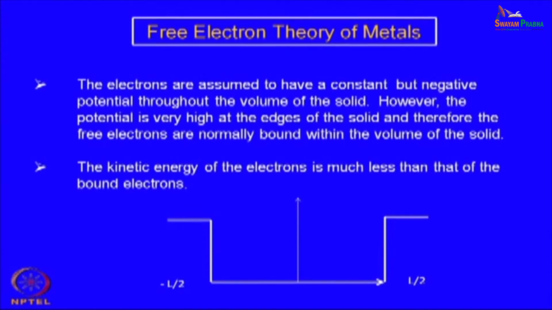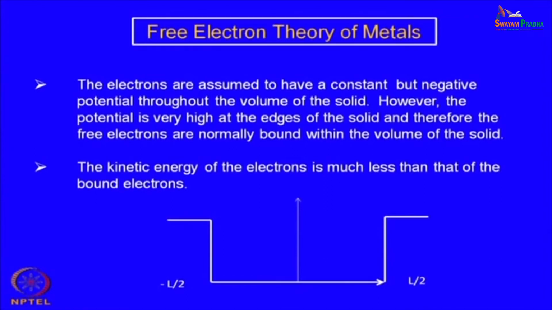However, the potential is very high at the edges of the solid, and therefore, the free electrons are normally bound within the volume of the solid. Now, this is a kind of potential barrier one had assumed. If this is the total volume of the solid, there are free electrons which are moving within the volume of the solid, but they are not leaving the solid.